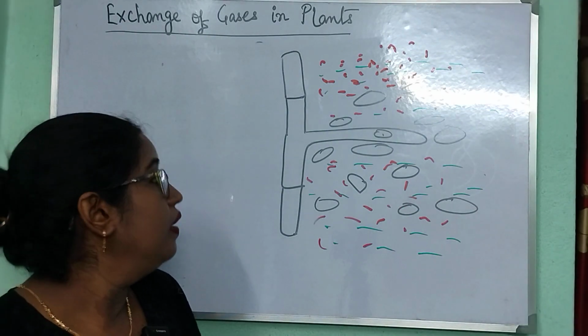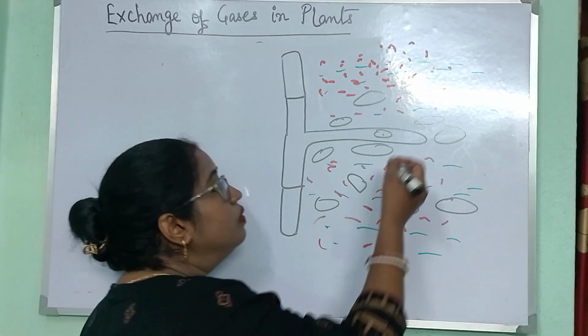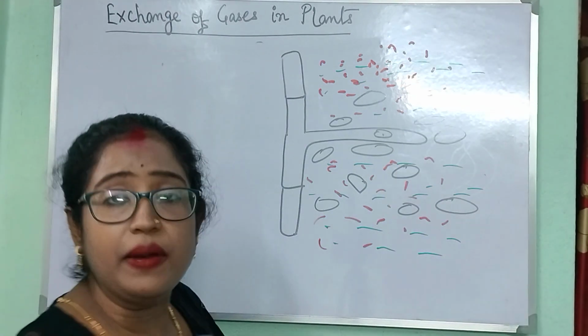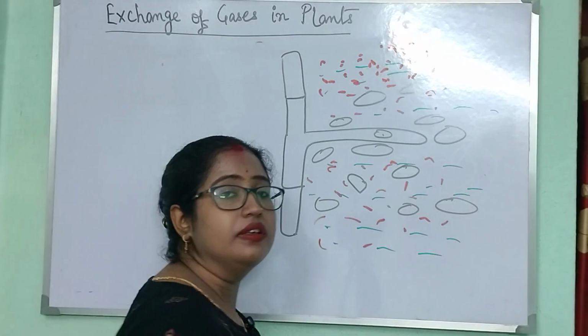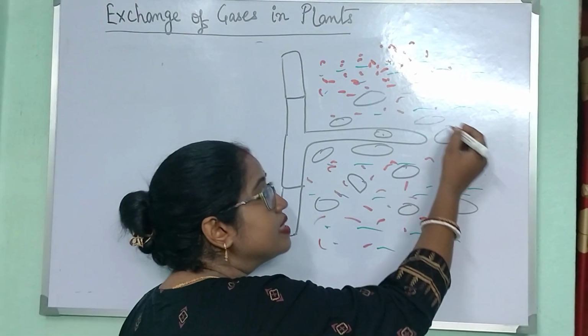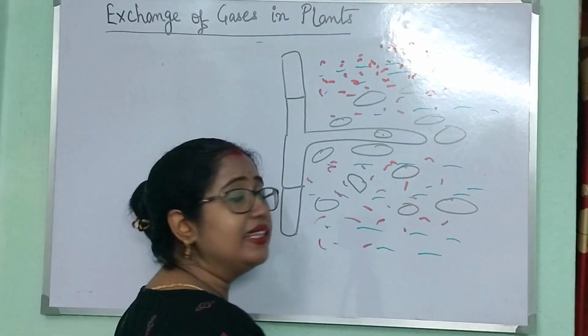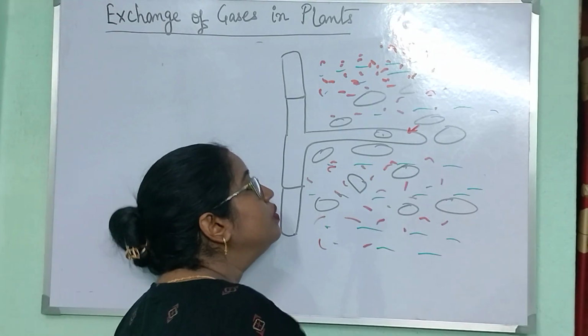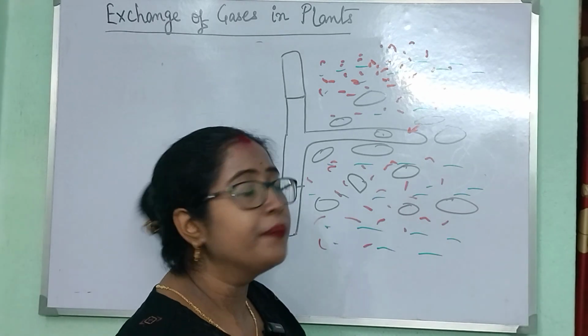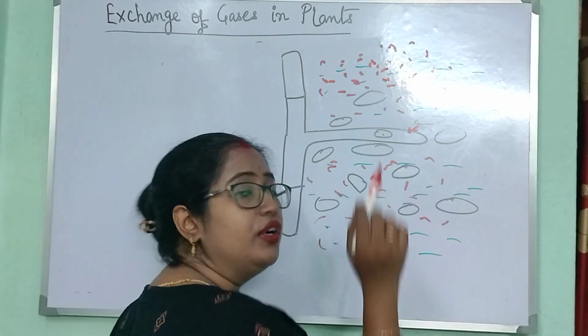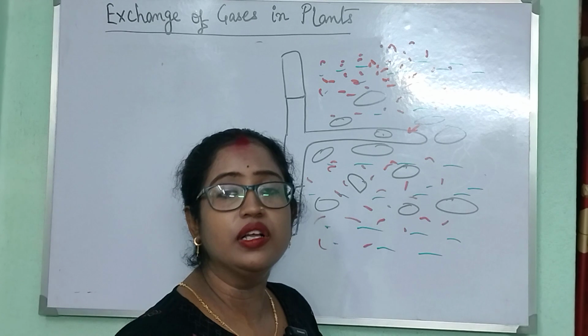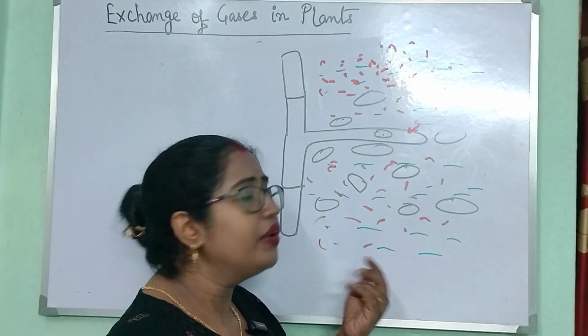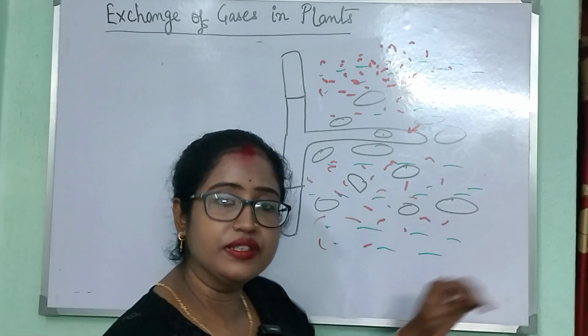So the oxygen present in this air sacs diffuses into the root hair. Root hair don't have any cuticle layer on it or waterproofing layer onto its surface.